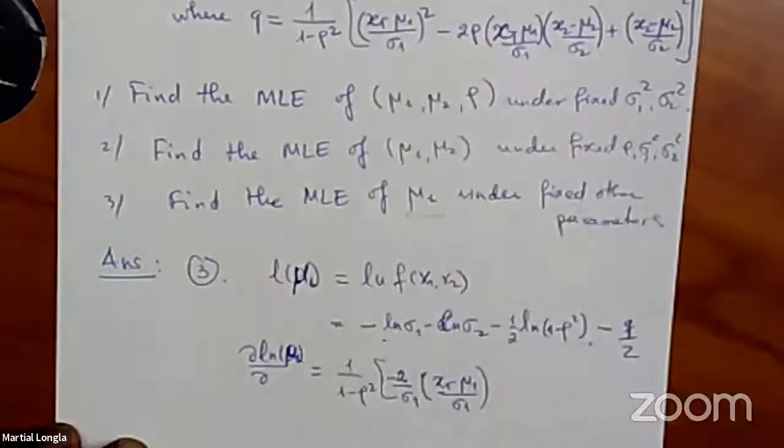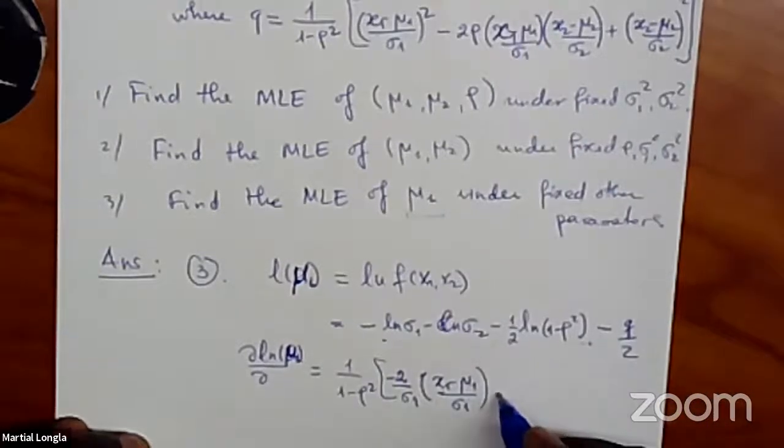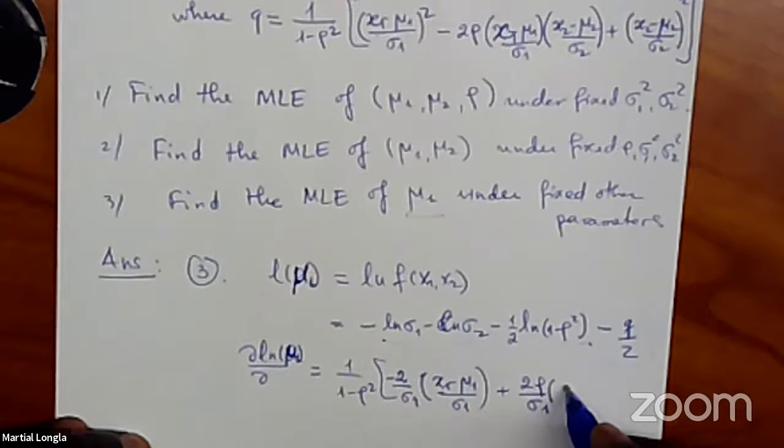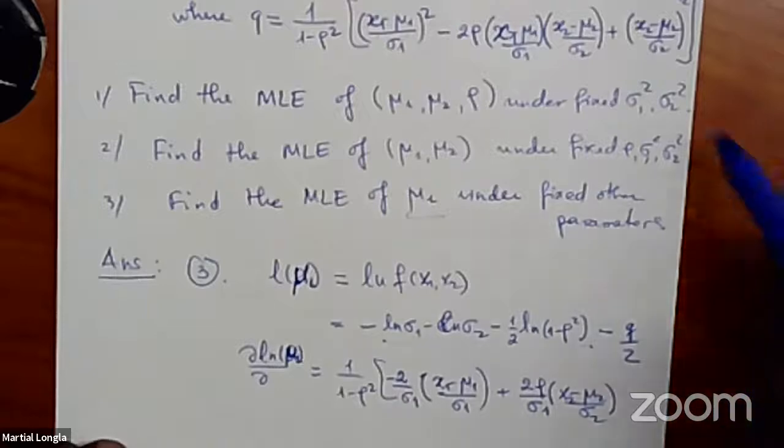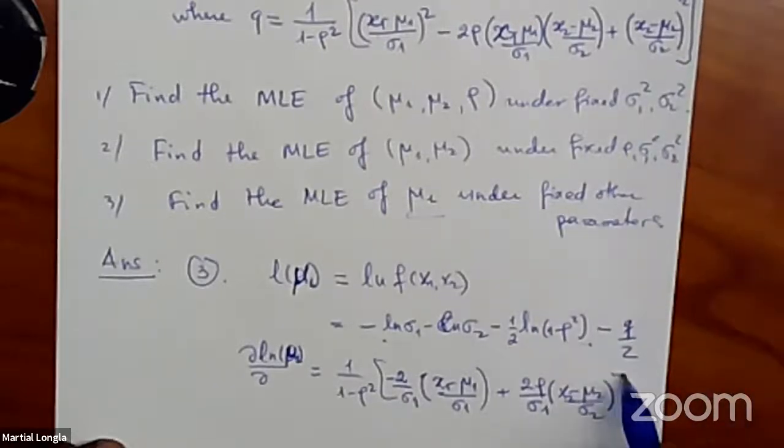Minus and minus is a plus, so plus 2 rho over sigma 1 times x2 minus mu2 over sigma 2. And the derivative of that is 0.